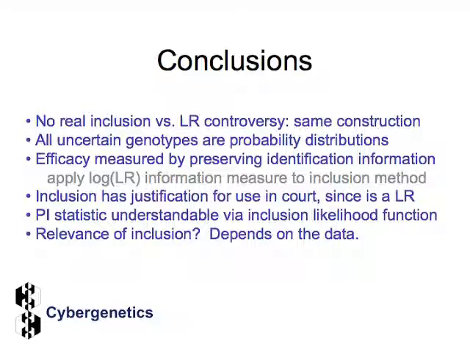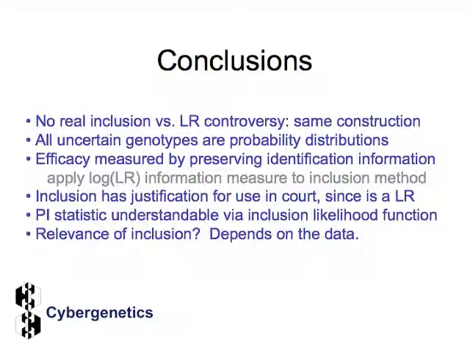We saw different ways of preserving identification information by using more informative likelihood functions. We can measure the efficacy of how well information was preserved by looking at the logarithm of the likelihood ratio, which is a standard information measure. Moreover, we can apply that information measure to the inclusion method to analyze how effective or weak that inclusion method might be.